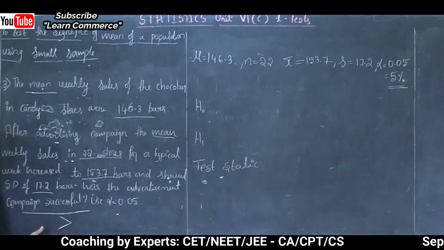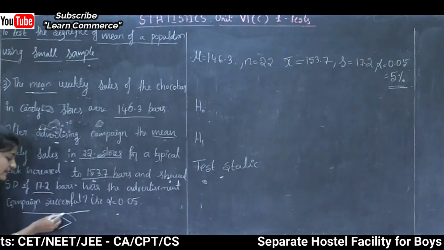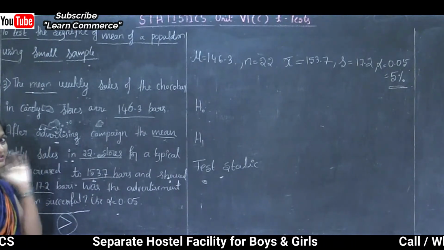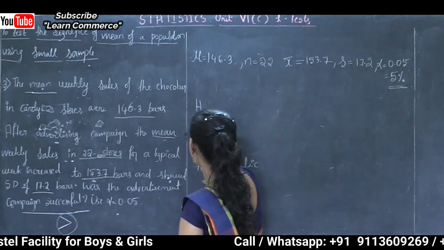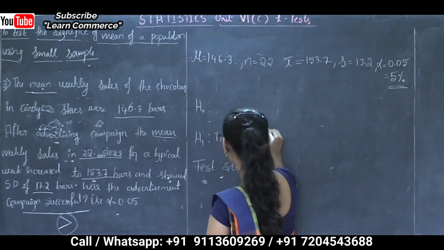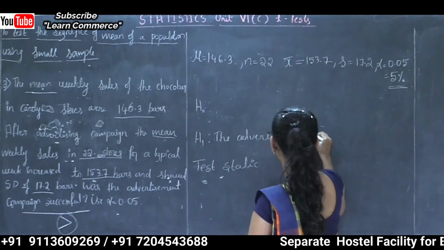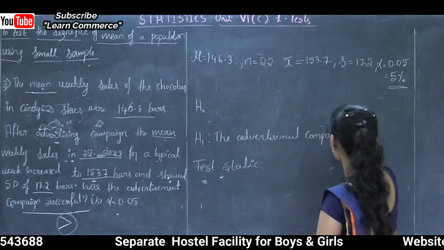If it is greater than type, then it is the alternative hypothesis. So this problem is based on the alternative hypothesis. The sentence is, the advertisement campaign is successful.